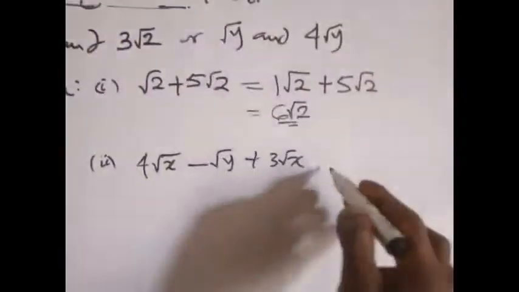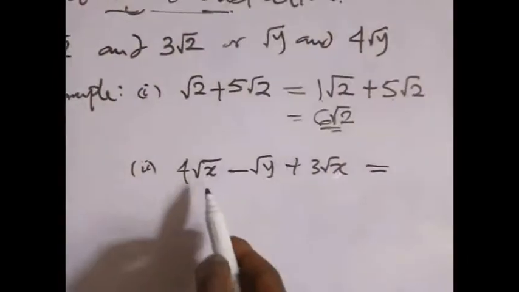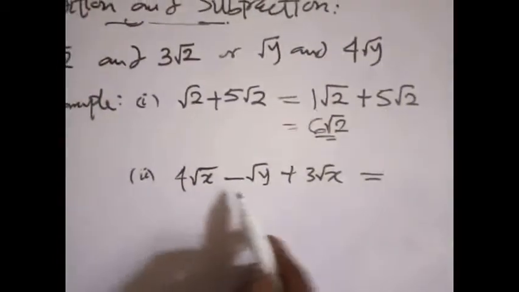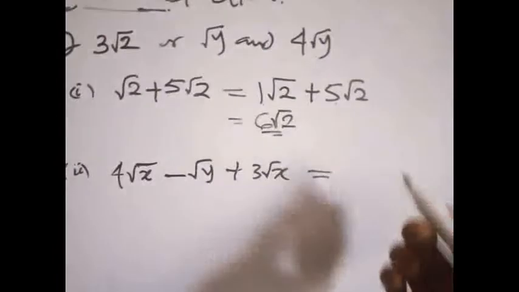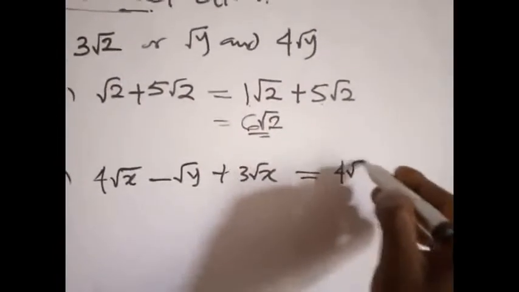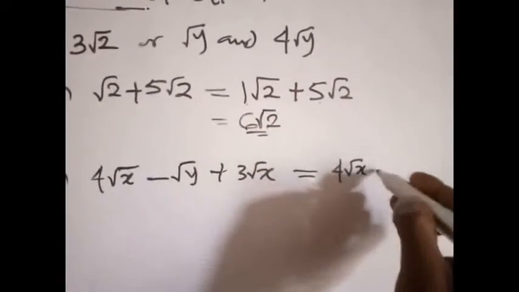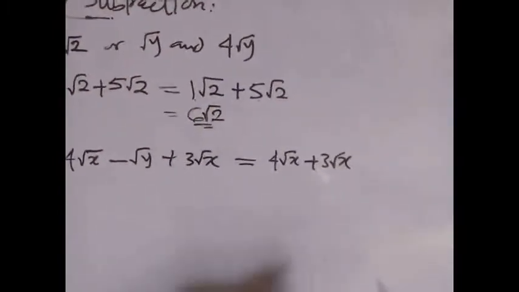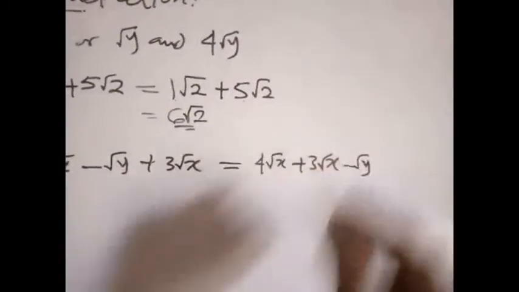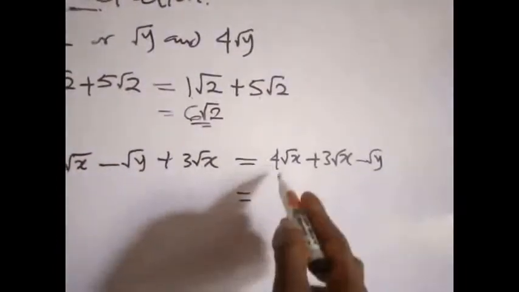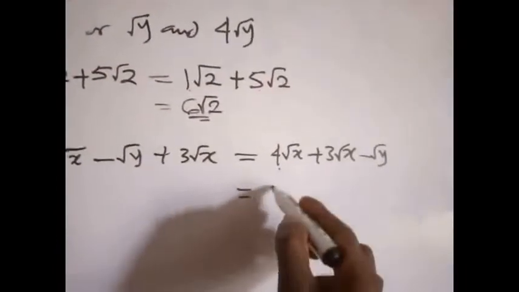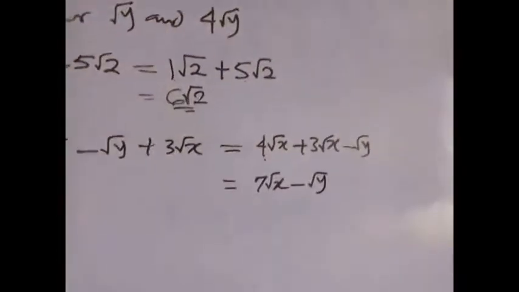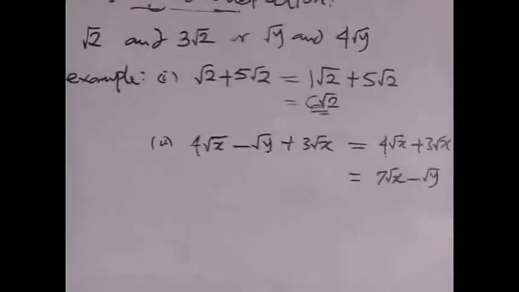If you look at 4 root s and 3 root s, they are like terms, which can be written as 4 root s plus 3 root s minus root y. If we now add the like terms, this will give us 7 root s minus root y.